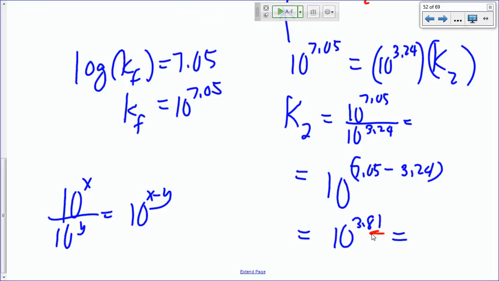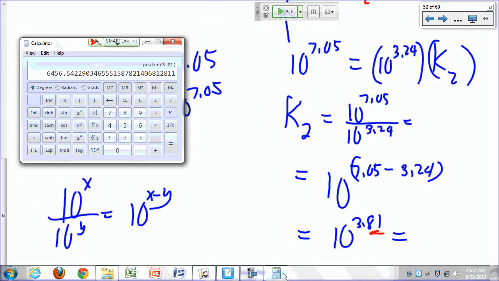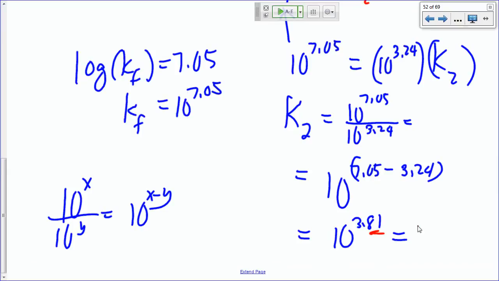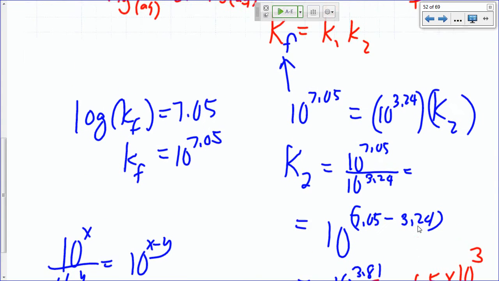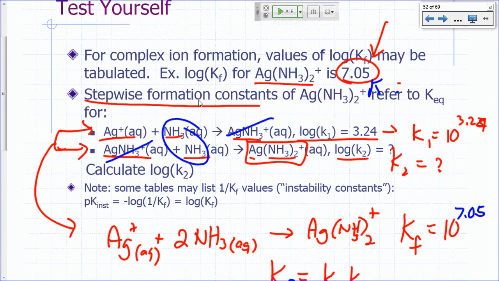If I'm taking the antilog, the number of significant digits in your answer should be the same as the number of decimal places in the original number. So that would be 6.5 times 10 to the third. That would be the equilibrium constant for the second step in the formation of the silver ammine complex.